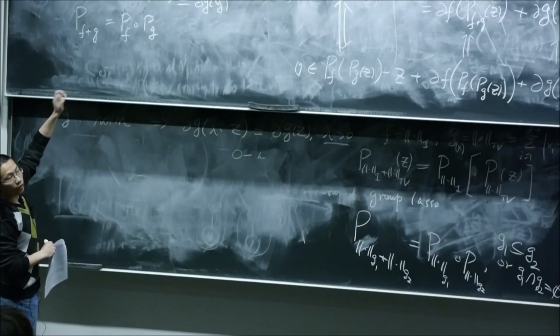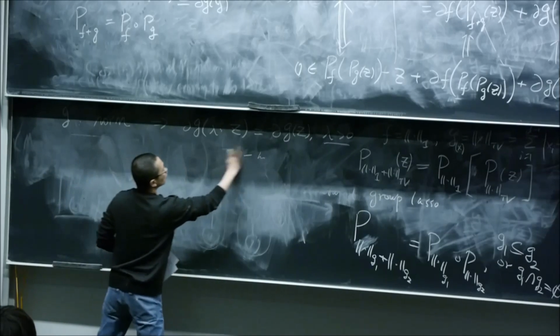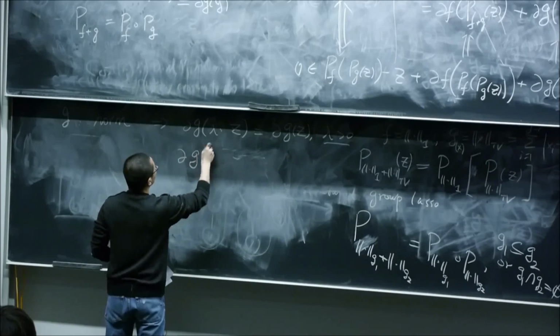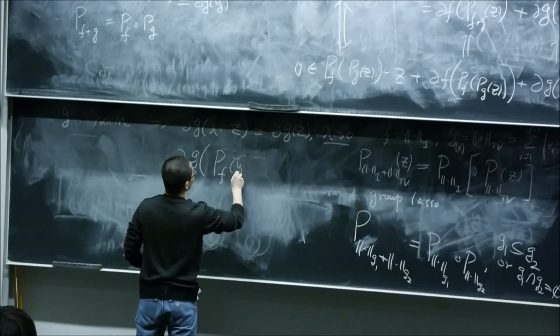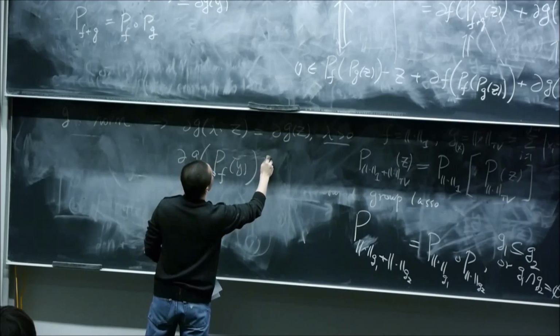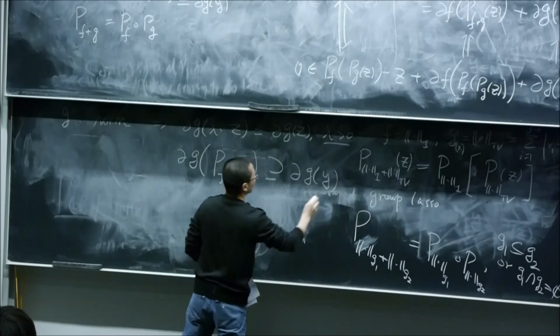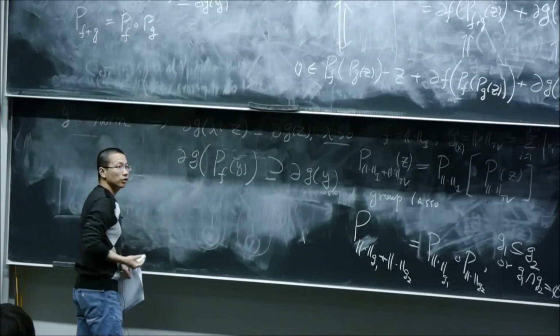So now I need to satisfy the sufficient condition, right? So this is what I want. The subdifferential of g of Pf of y is going to be contained in the subdifferential of g of y. And this is what I know. This is what I want.